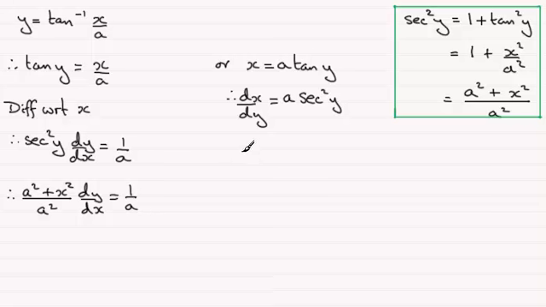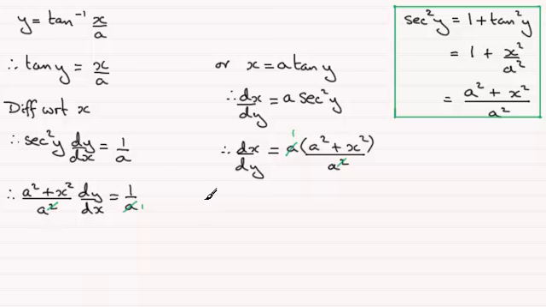If I use this method here, we have dx by dy equals a times sec squared y, which we see here is a squared plus x squared, all divided by a squared. I'll put that in brackets there. When we look at both of these versions, you'll notice in this one here, this a cancels with the a squared here. In this version, if I multiply both sides by a, then this a will be cancelled out, and I'll just be left with an a in the denominator here.